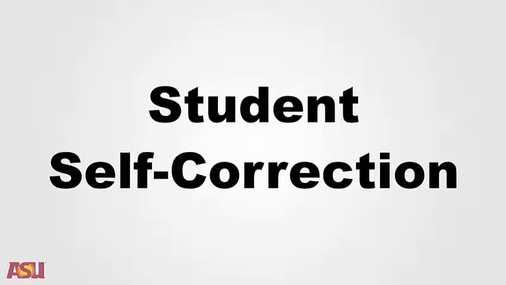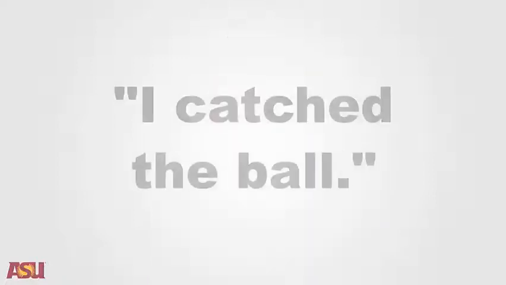Student self-correction. Teachers in the direct method were very good at putting the responsibility of learning on a learner. A teacher often used the approach of repeating an incorrect sentence and then using a questioning voice in order to help the student catch the mistake. For example, a student might say, "I catched the ball."